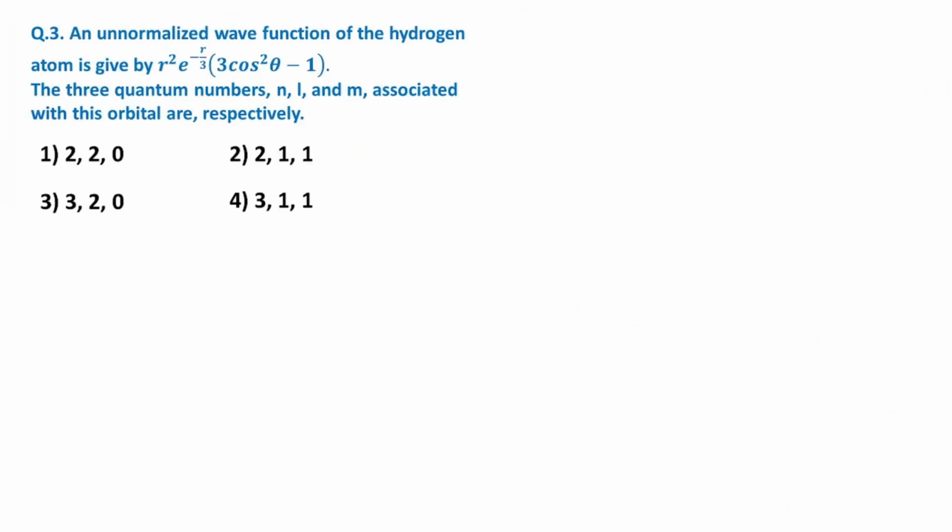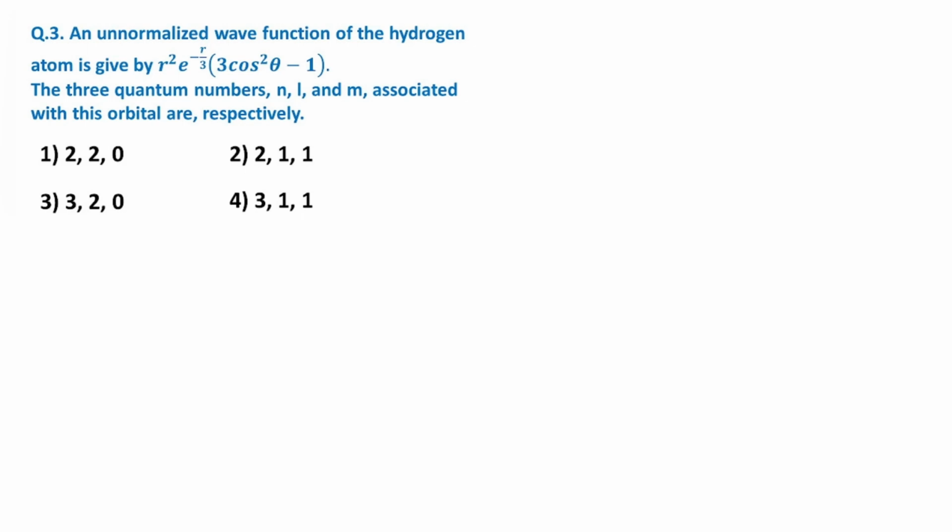Now this is one of the questions that comes in CSIR NET. It used to come, I don't know if it is coming right now or not. The question is: an unnormalized wave function of the hydrogen atom is given by r square e to the power minus r by 3 multiplied by the spherical harmonics, the theta and phi dependent part.